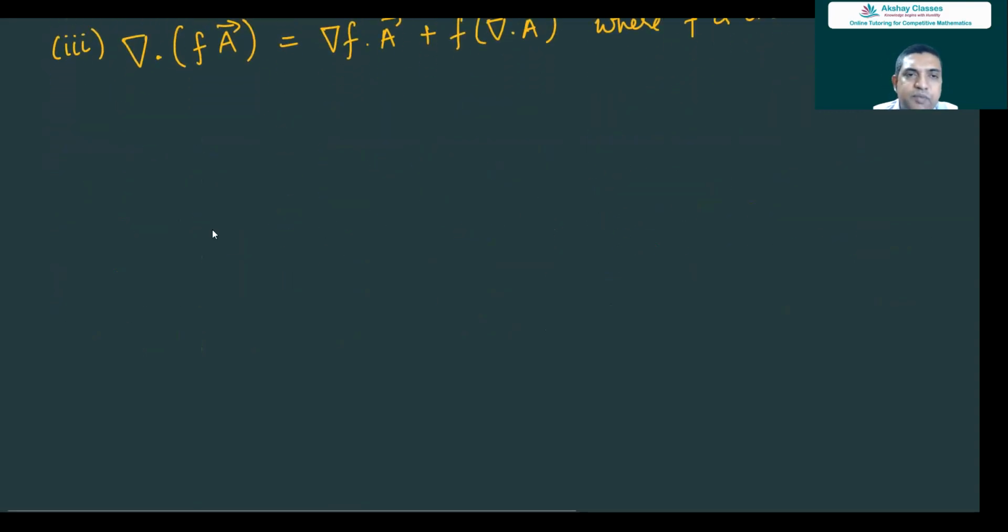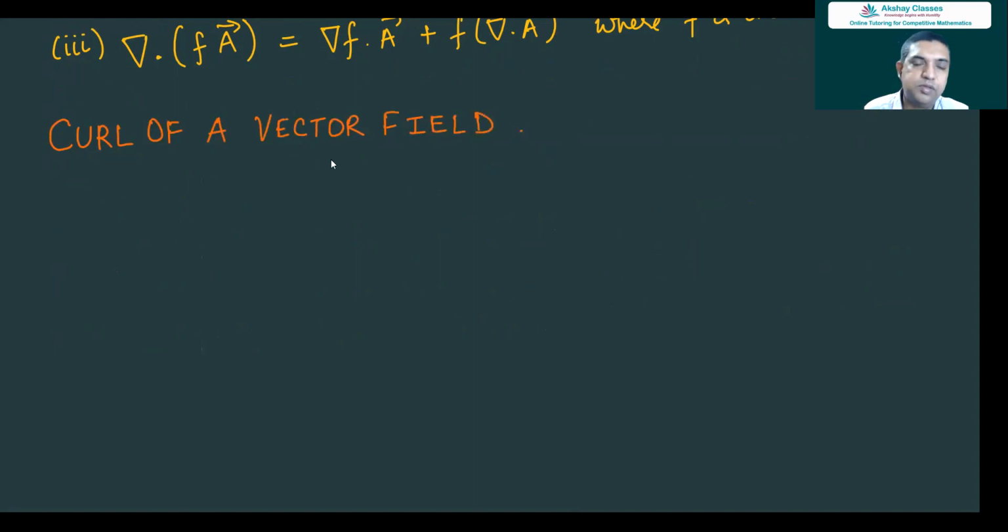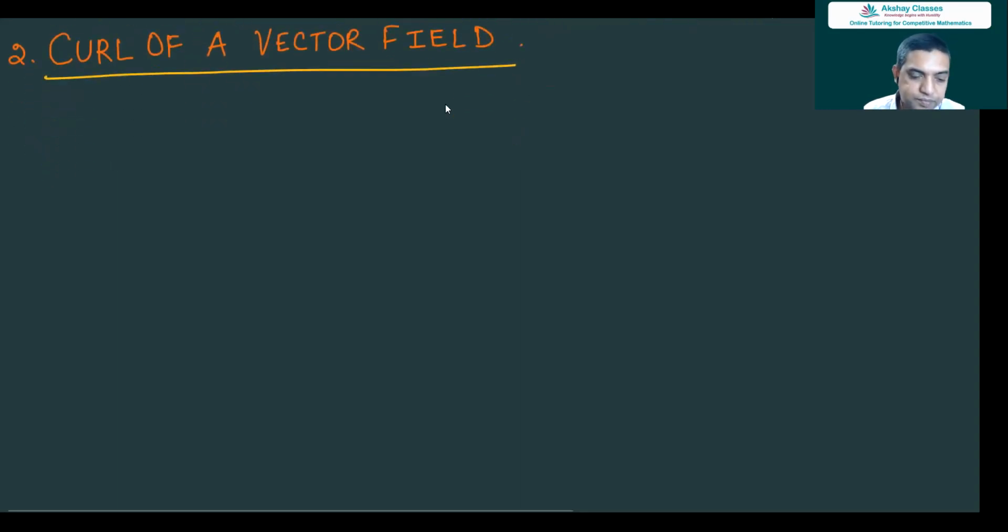Next very important topic is the curl of a vector point function, or curl of a vector field. First one was divergence. Next is curl. Curl of a vector field.